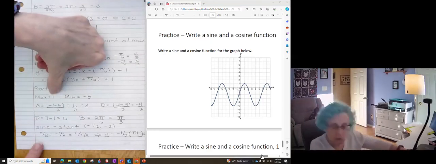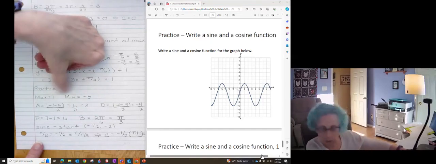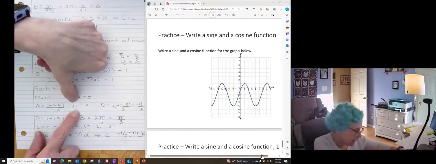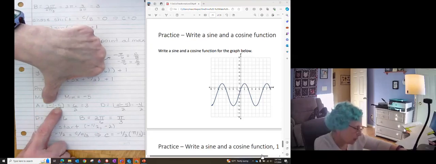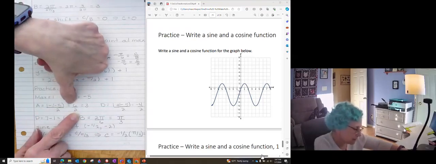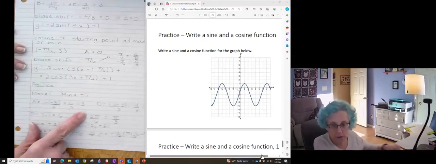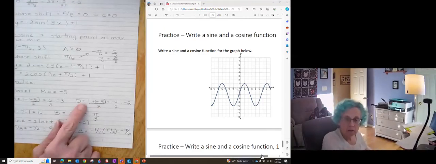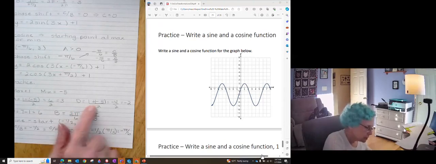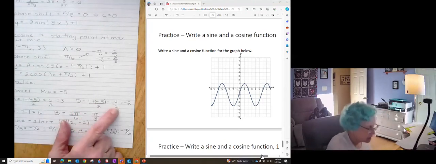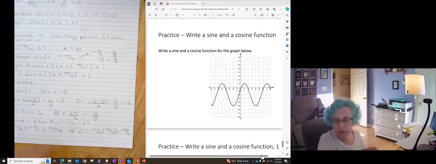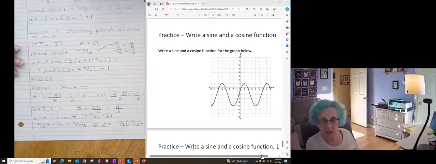So the max was a 1, the min was -5, so A was 1 minus -5, so 6 over 2, which is 3. My vertical shift, D, was 1 plus -5, so -4 over 2, which is -2.